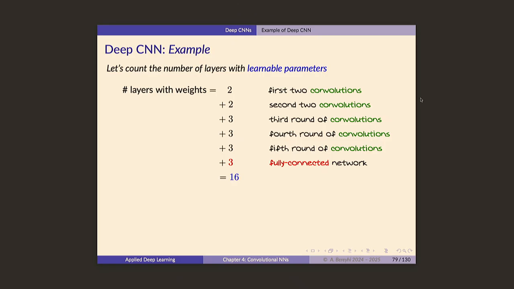In the first round, it has 2 convolutions, again 2 convolutions, then 3 batches of 3 convolutions, and then your final MLP with 3 layers. So in total, it has 16 layers. We do not count the pullings as layers because they do not have any parameters; they're just shrinking and filtering maps. This is called VGG-16. We also have VGG-19, which has 19 layers.